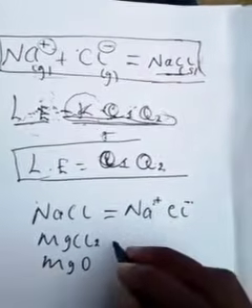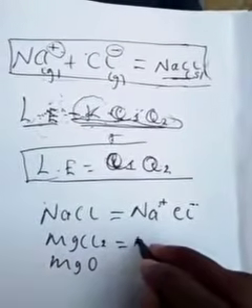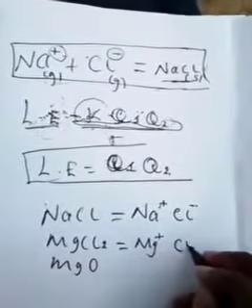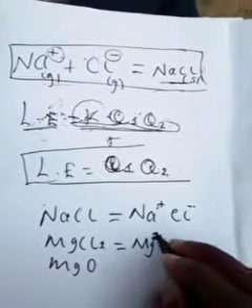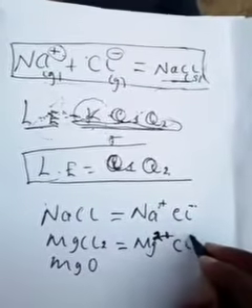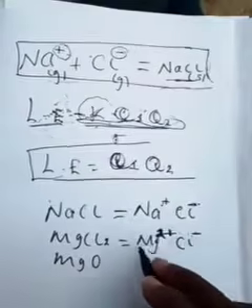How about this one? Magnesium has got a charge of, no, it is not 1, it is 2. The charge of 2, but chlorine has got a charge of 1. So I'll just put a negative here. So these are the charges that I'll be multiplying.